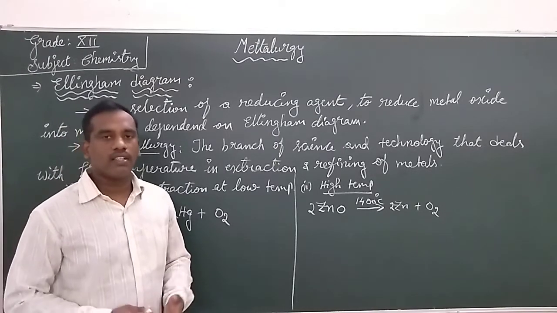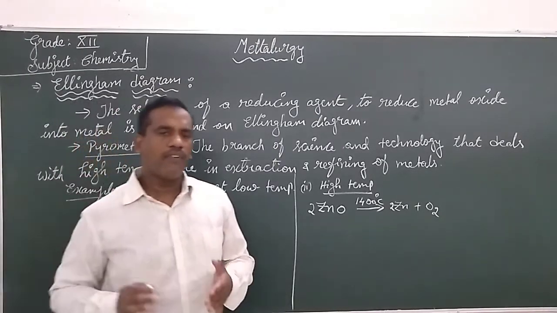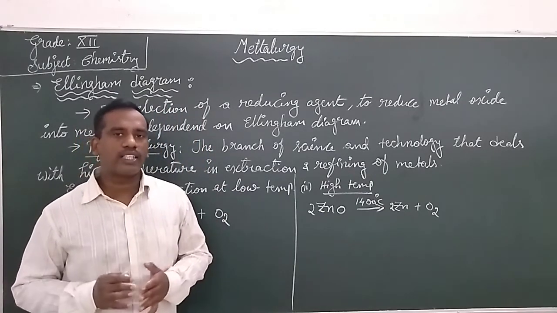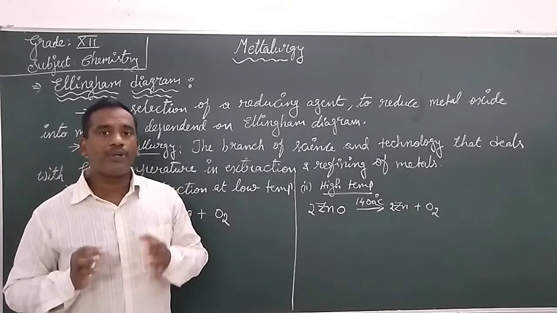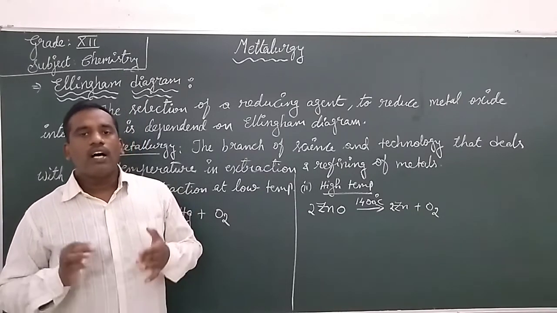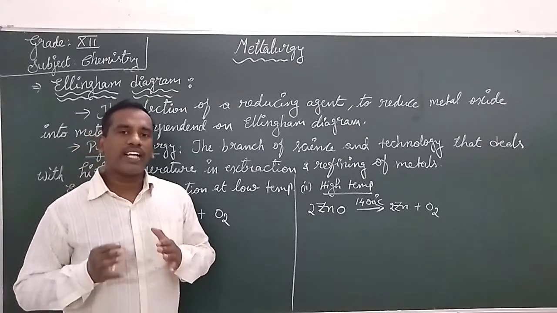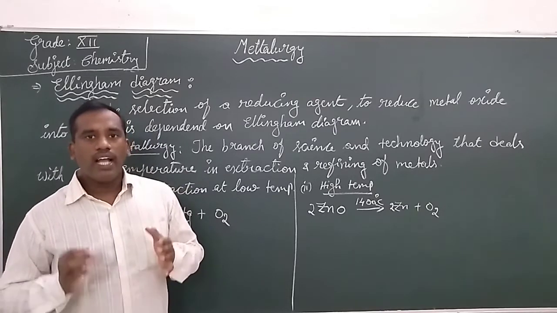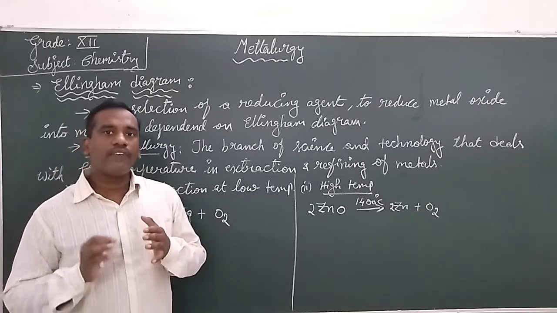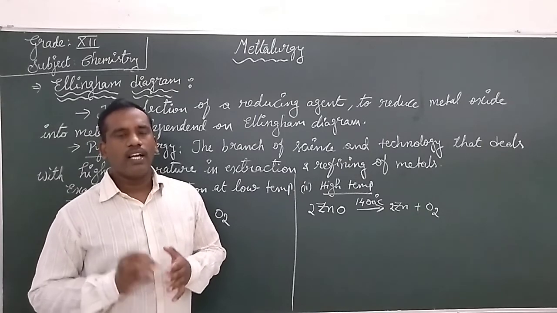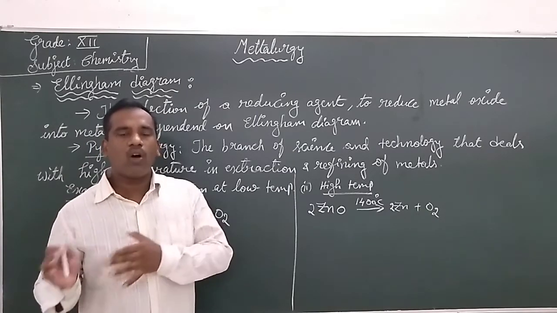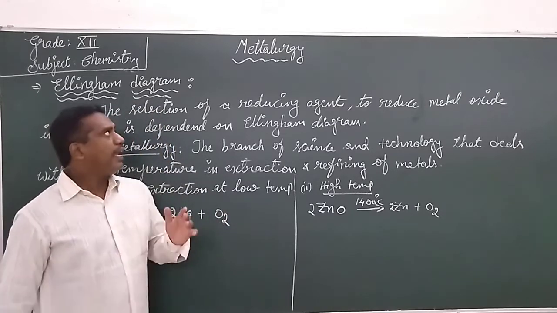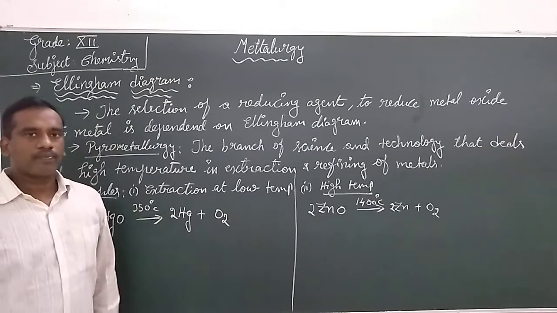Hi students, in the last class we got this point, that we are going to discuss reducing agents that are used to extract a metal from its metal oxide. The selection of the reducing agent in the reduction of a metal oxide to metal depends upon a topic called the Ellingham diagram.